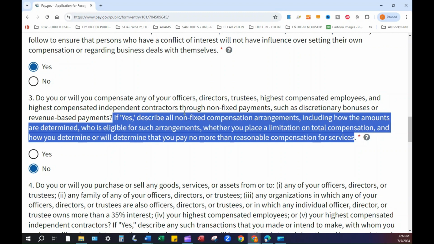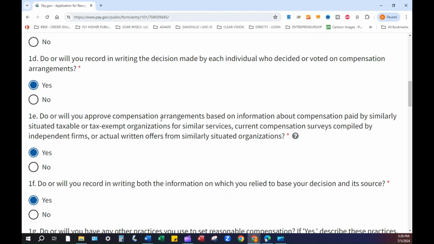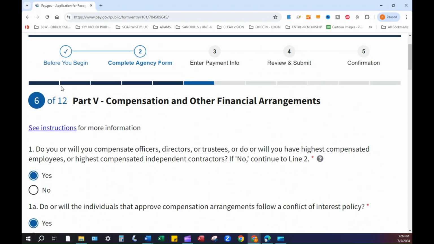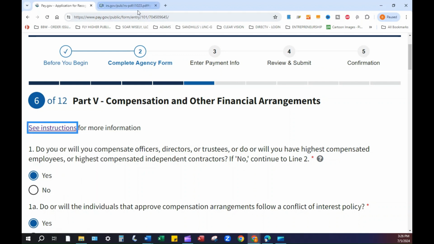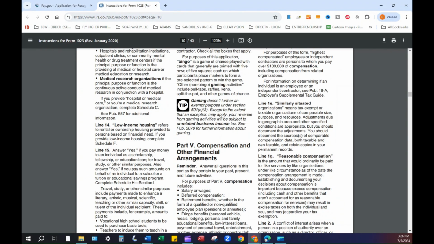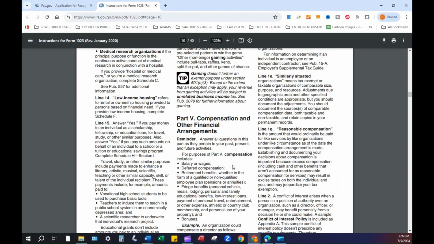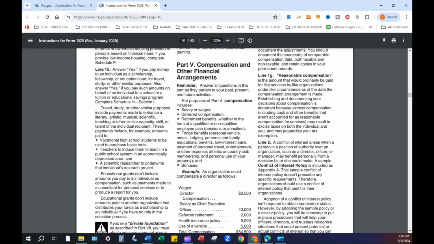And if you have questions on that, go back up here. Again, remember I said always have your instructions open, and I forgot to click on it, but let's click on that. Right click on it, open that link in a new tab, and let's see exactly what it is referring to. So that was number 3.